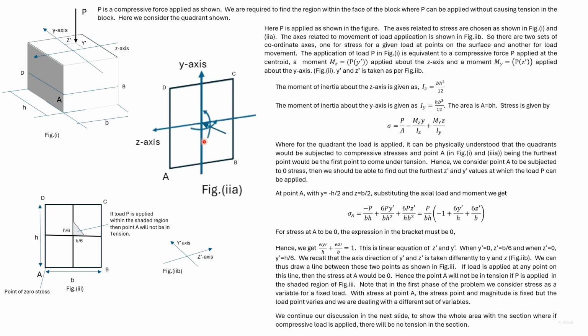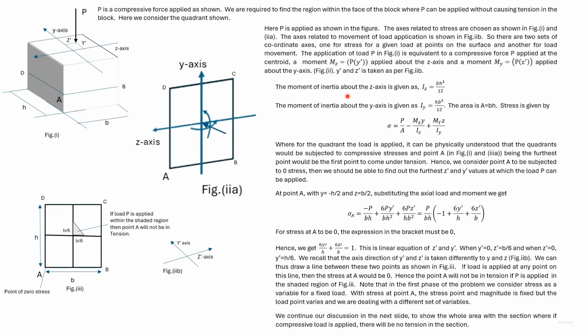Now this moment is a positive moment, so Mz is equal to P into y dash, and the moment My is P into z dash, which is also a positive moment. y dash and z dash are taken as per this axis.